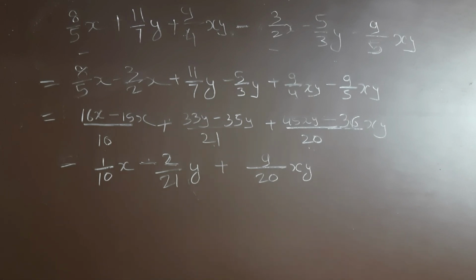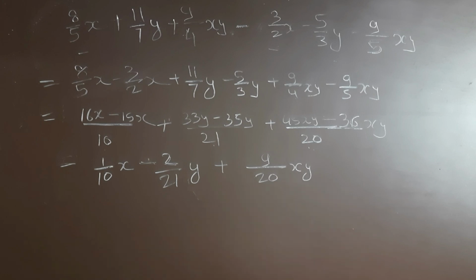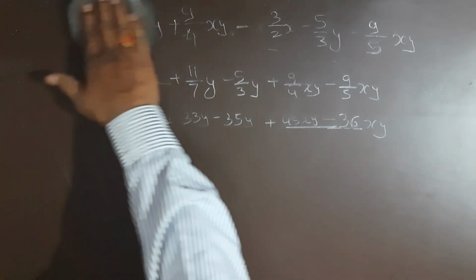So this is the final answer. So again, please check it very carefully. Try to understand it every bit. Now copy it in your notebook. Okay, pause the video, copy it. Now we will see Roman number 2.